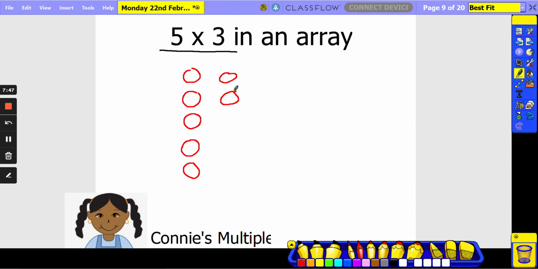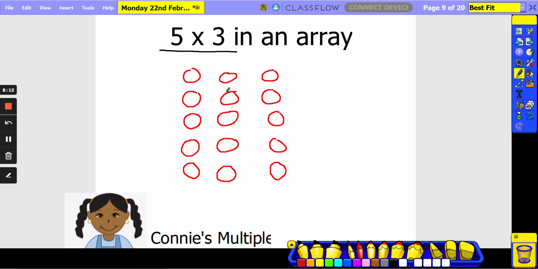Once I'm doing this, could you work out what our total will be in the end? What is our total? Have a go. Fantastic job. If we were to count all together, we'd have a total of 15. Did you get a total of 15 as well? Fantastic. I know you're all doing this much neater than I am. It's a bit hard to do it.